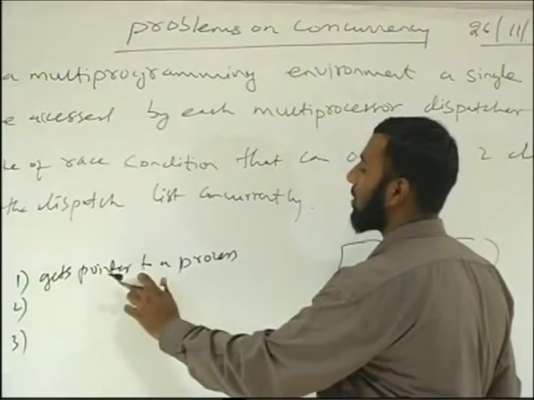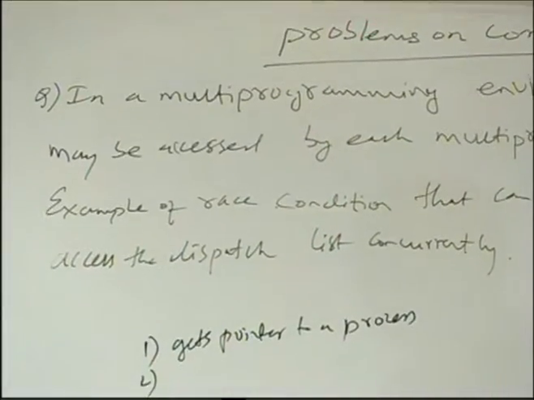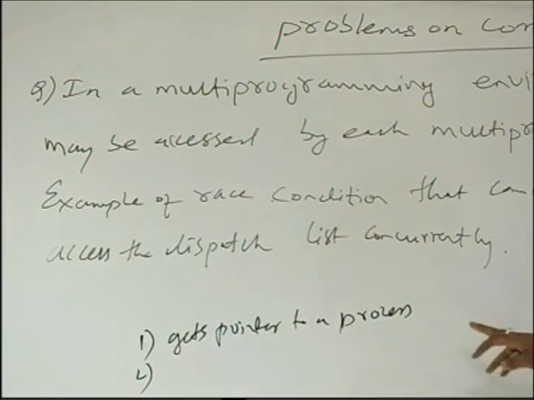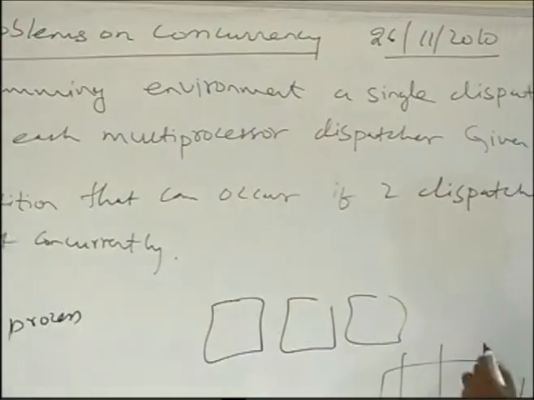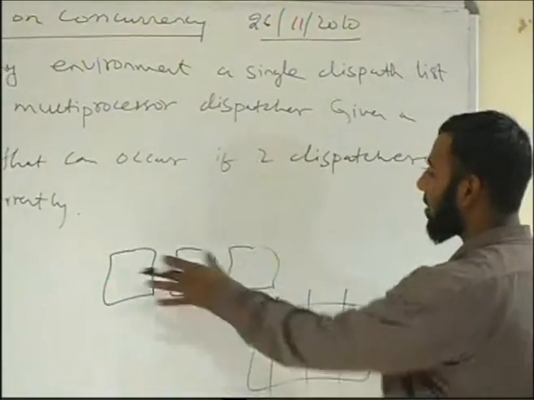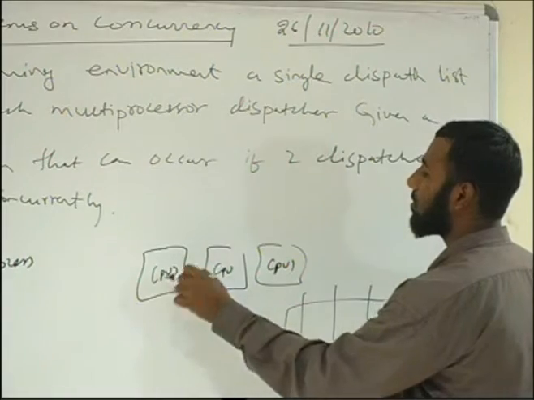This pointer is pointing to a process which it has to execute on its processor. These pointers are maintained in a dispatcher list, and this dispatcher list is shared across all of these processors, CPU 1, CPU 2, and CPU 3.